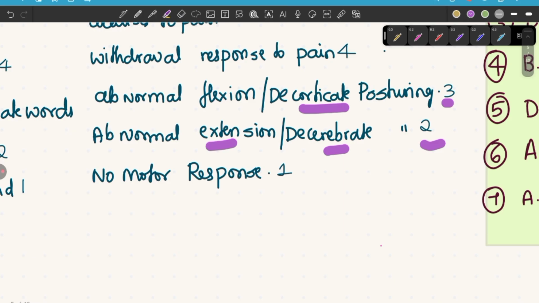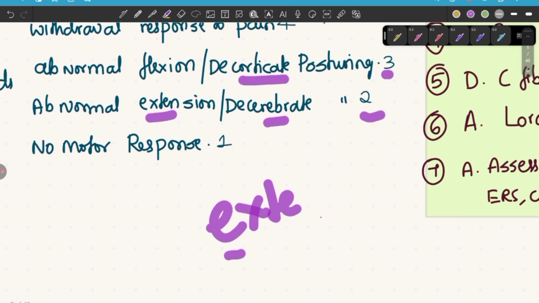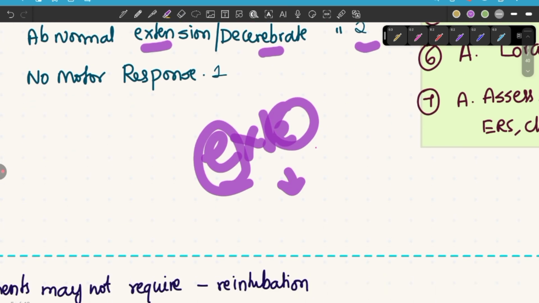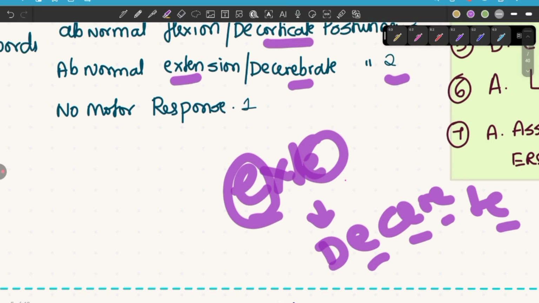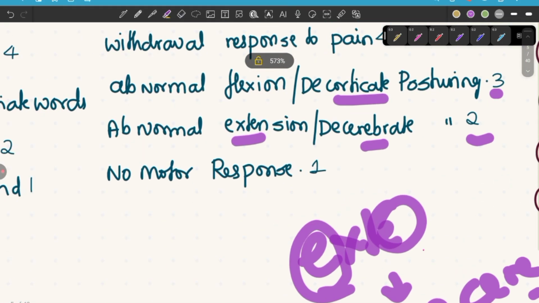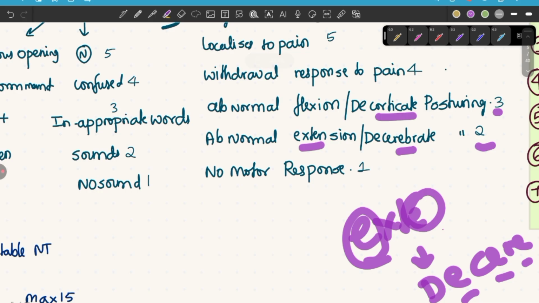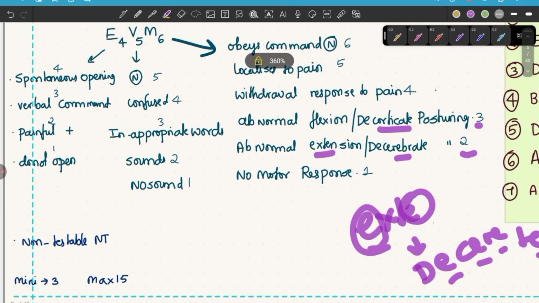Extension is decerebrate or decorticate? Extension is nothing but E. There are so many E's in extension, and you will get decerebrate. Here also so many E's. See, decerebrate. Here so many E's. That means extension. Okay, you can remember like that. And extension is 2. If no motor response, then 1.